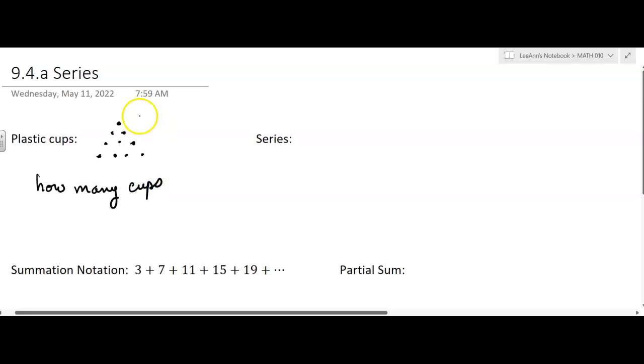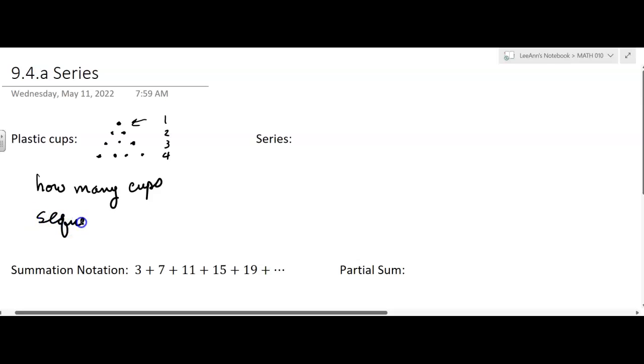So we're looking at what's called a series. You have the first row, you have 1 cup. The second row, I want to write it like a sequence. So you have 1 cup, then 2 cups, then 3 cups, then 4 cups. That is a sequence.